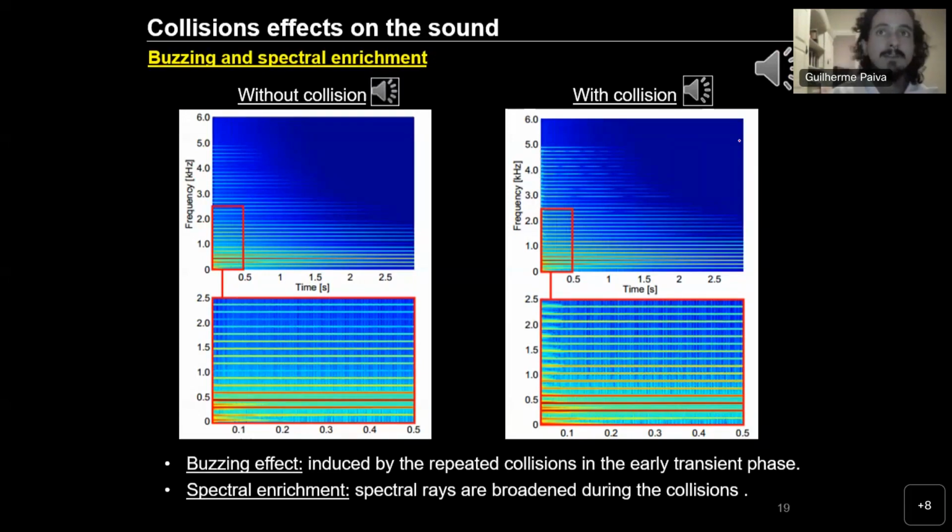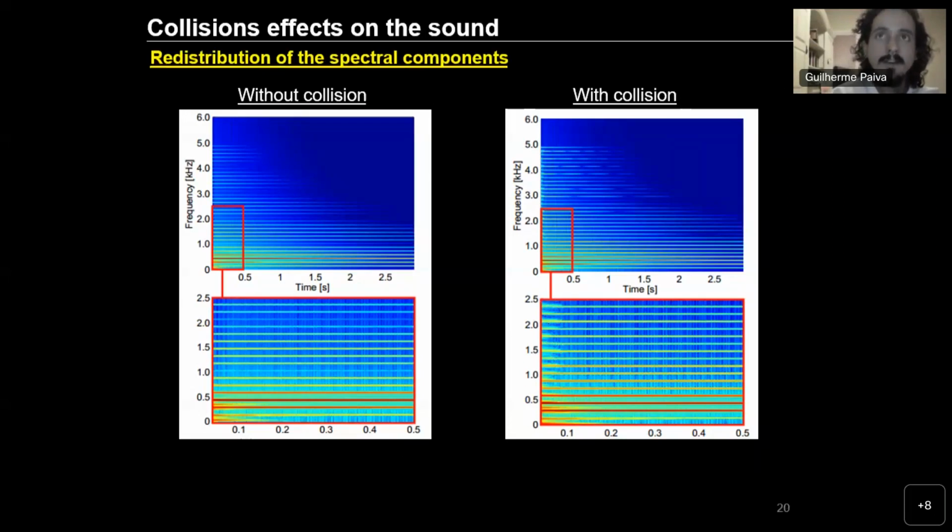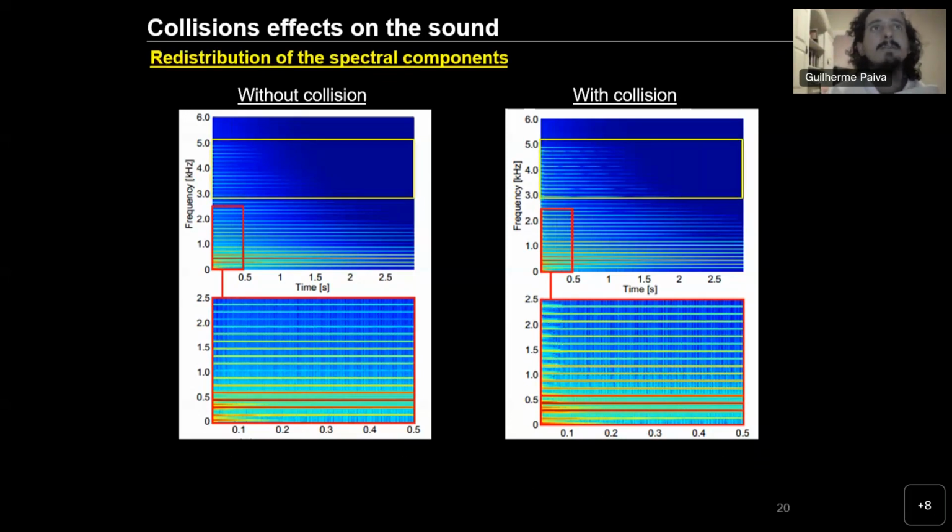And from these spectrograms, by comparing them, we can see the spectral rays are broadened during the collisions, okay? And we can also note the redistribution of the spectral components, mainly in the high frequency components here, okay? This is another effect originated from the collisions.